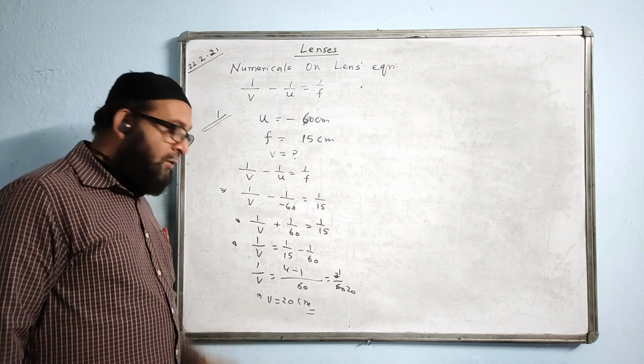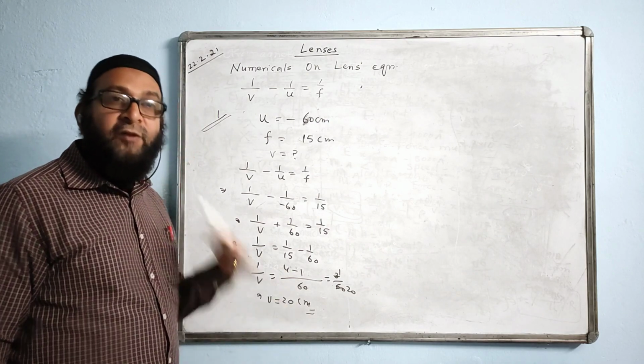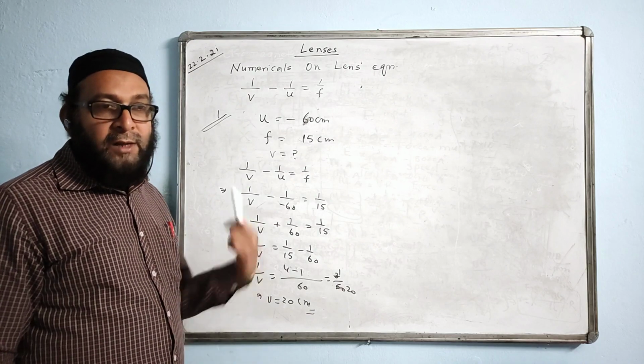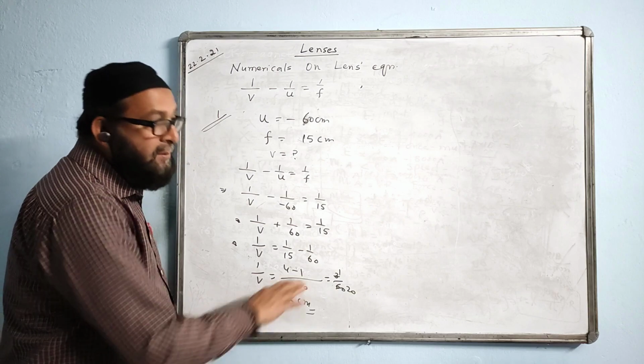That is, here is the image formed. We say the image is formed at a distance 20 cm from the lens on the opposite side of the object, because it is having a real image, because positive is the sign, other side.